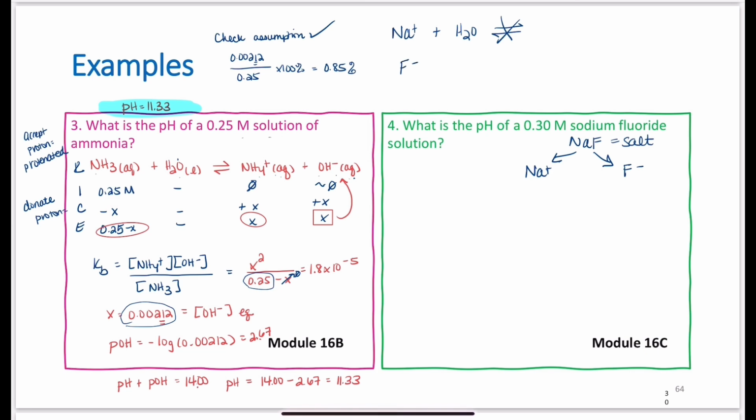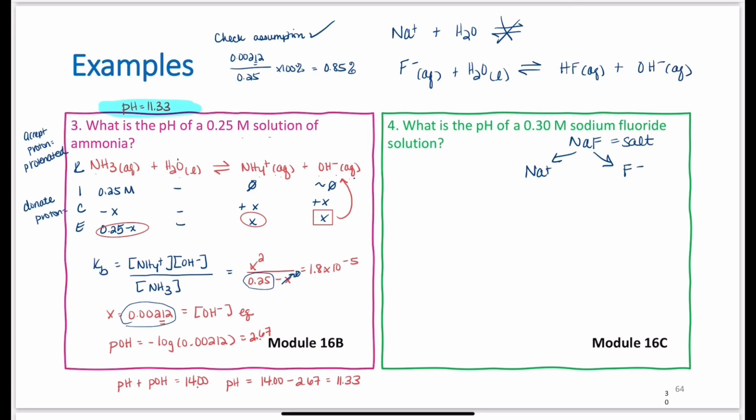What about the fluoride? When I put fluoride in water, it does do something. The fluoride ions will accept a proton, or protonate, forming HF and leaving behind hydroxide.